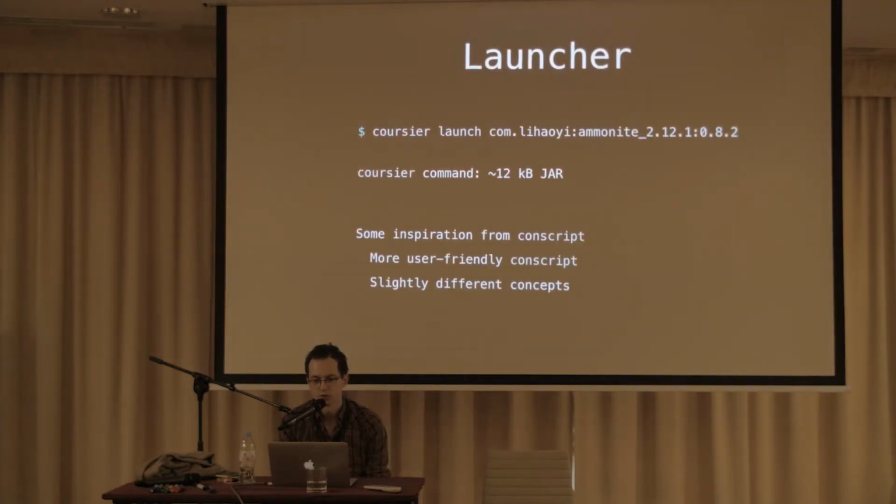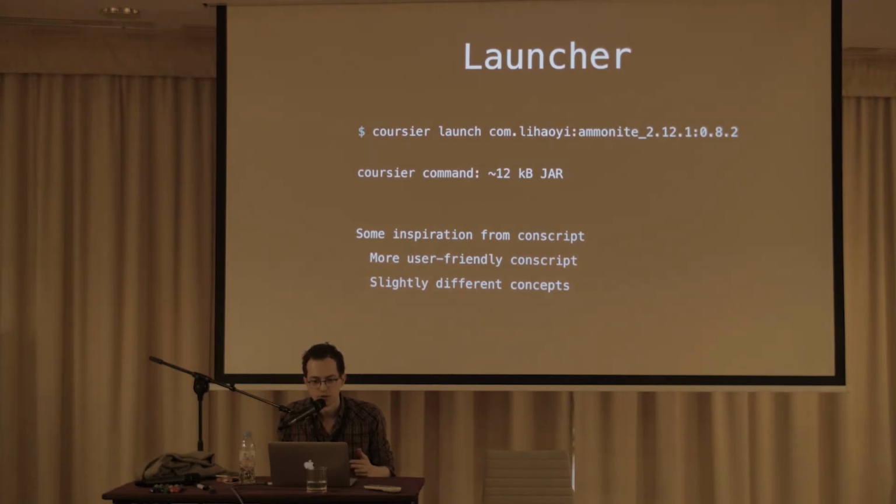Okay, and about this general concept of launching applications from their coordinates, it draws some inspiration from a tool called Conscript, which is already a few years old, and it does roughly the same things, but using more stuff from SBT.